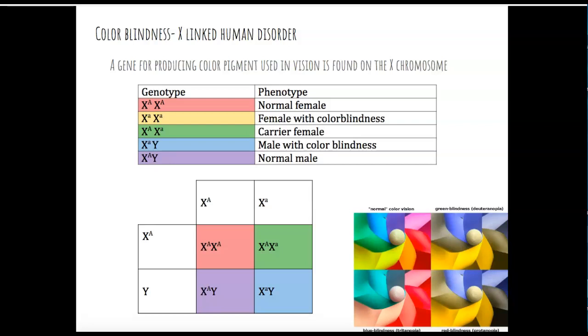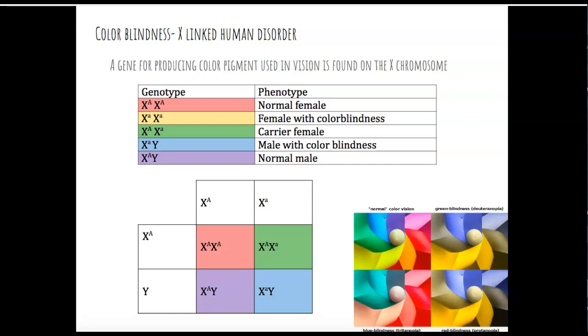So if we look down at the example on the bottom, we have a male, which is the XY on the left side of the Punnett square. The male has normal color vision because he has an X with a big A and then a Y. And the female has normal color vision because she's heterozygous, but she is a carrier because she has a big A and a little a on her X chromosomes.